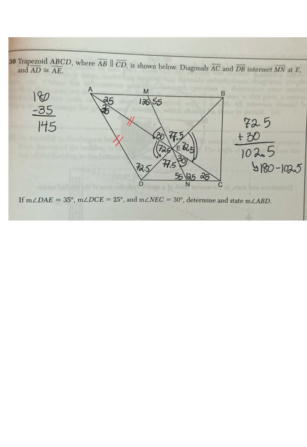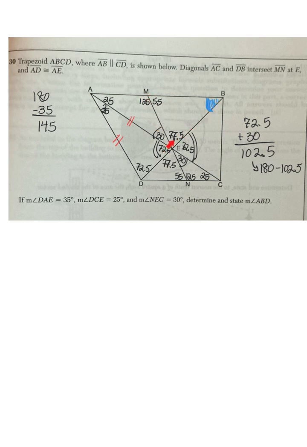Okay, so once I have almost every single angle in the picture, then I kind of tend to read what the question's asking. And it says, determine and state the measure of angle ABD. All right, so ABD is this angle right here. Well, that is in this triangle right here. And we have two angles in that triangle.